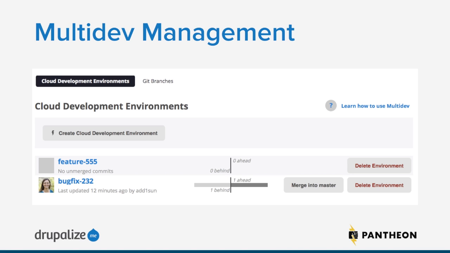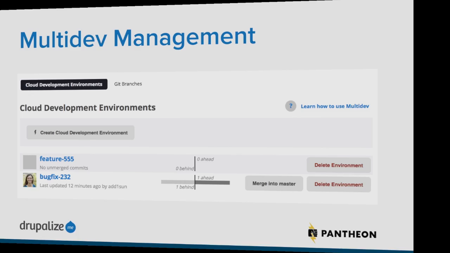I could also look at just the Git branches, but you wouldn't have an entire site. The environments are the entire website with the database and the files and everything that goes with it, which is what makes it handy. And you can see I have some interfaces here for merging and keeping track of how many commits we have and where things are in relation to master.